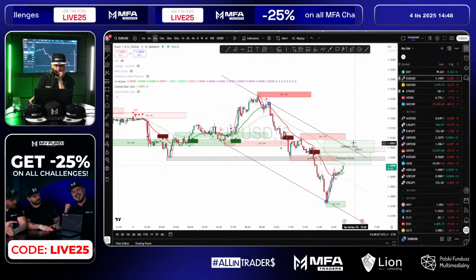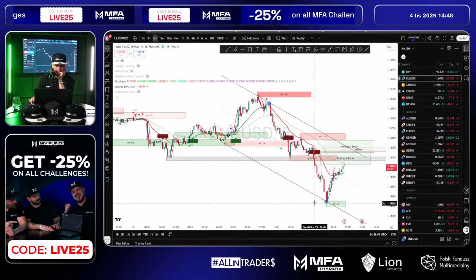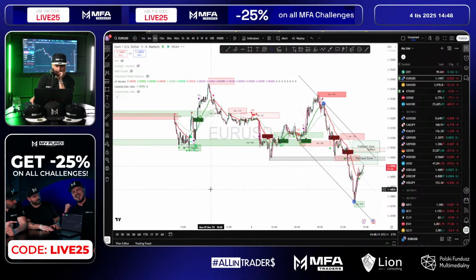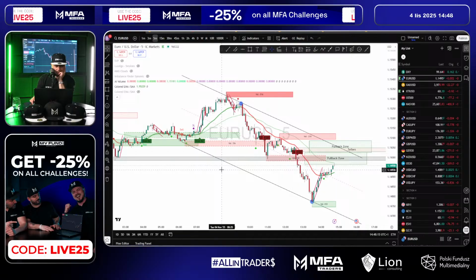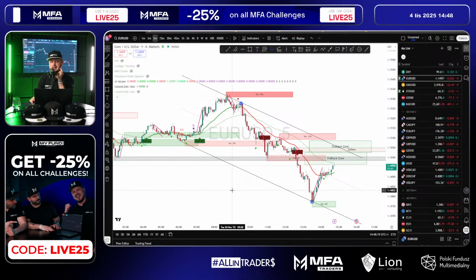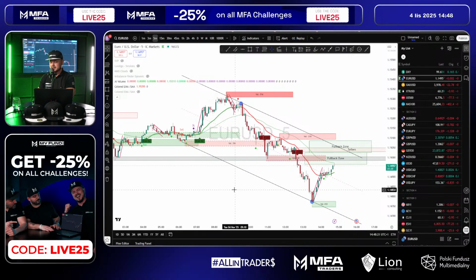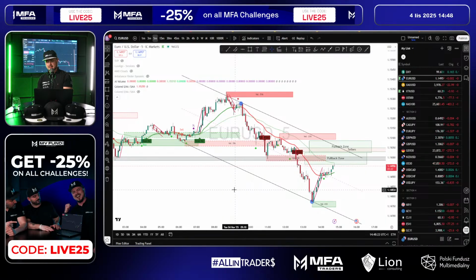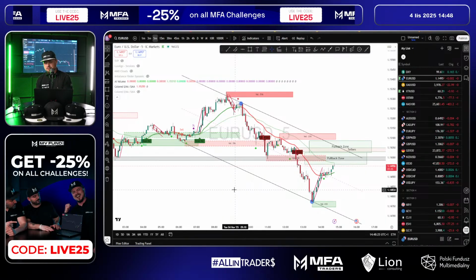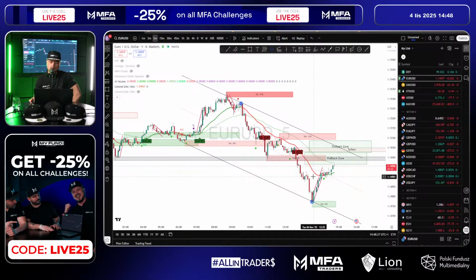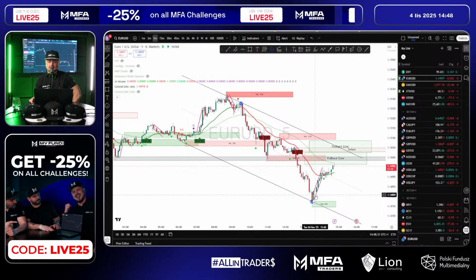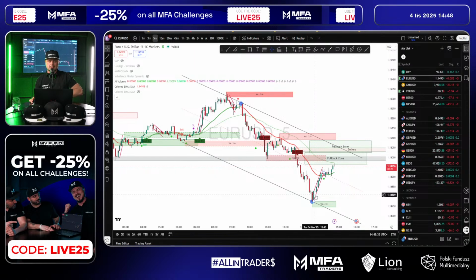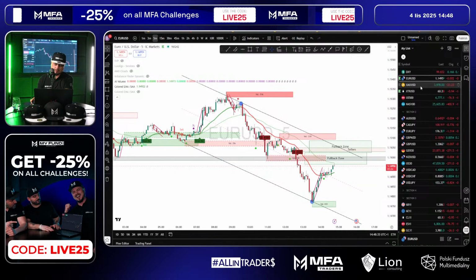We are very close to this area, but we need to wait if we want to enter the position. Not sure if we're gonna open this trade or not because we are getting close to the news. So we'll see. We've still got an hour and 10 minutes. But usually markets are slowing down before news.